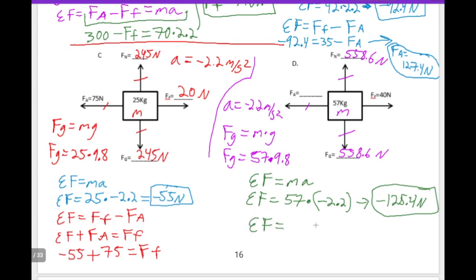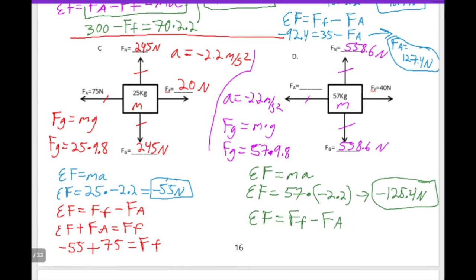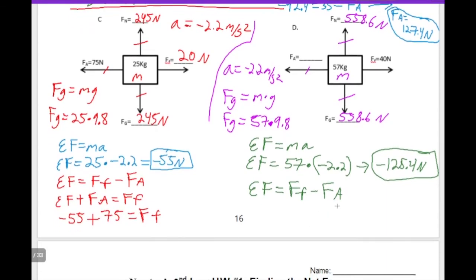I know that net force is equal to the forces that point to the right, which is force friction, minus the forces that point to the left, which is force applied. Let's go ahead and solve for force applied first, and then we'll plug our numbers in. So I'm going to add force applied over to the other side. So I get force applied plus the net force is equal to force friction, and then I'm going to subtract net force back over here.